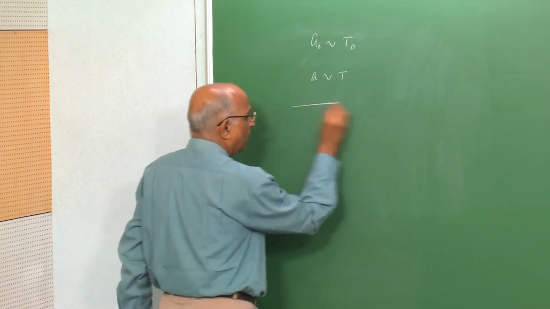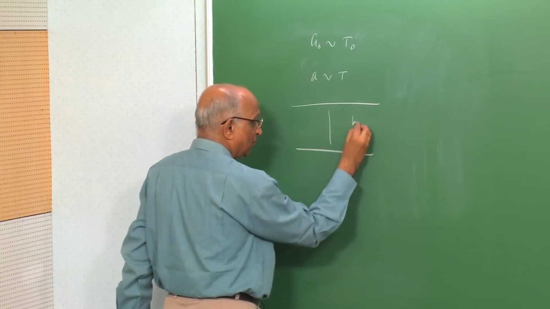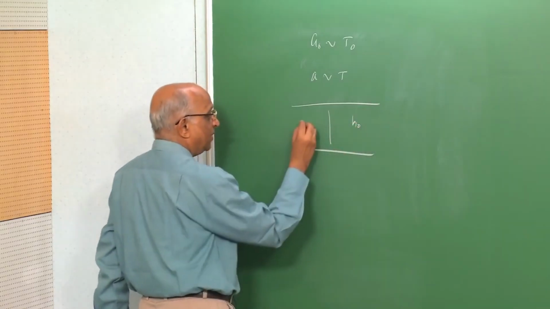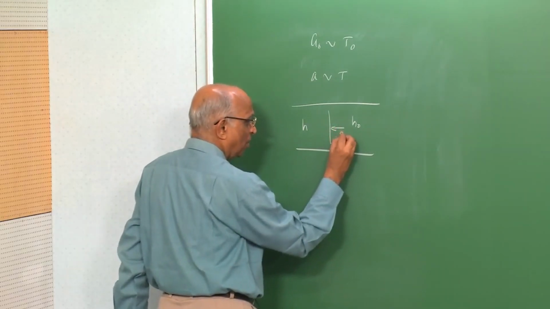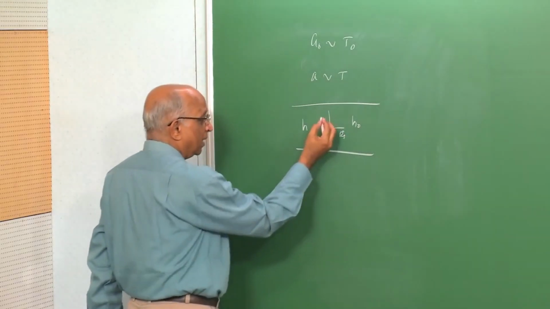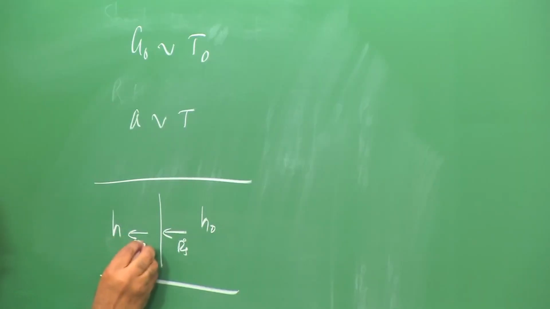We say, well, I have the shock which is travelling, I have the enthalpy here which was h0, I have the enthalpy here h over here, I have the velocity Rs dot with which the gases are moving in the frame of reference of the shock wave being stationary, and I have u1 over here.